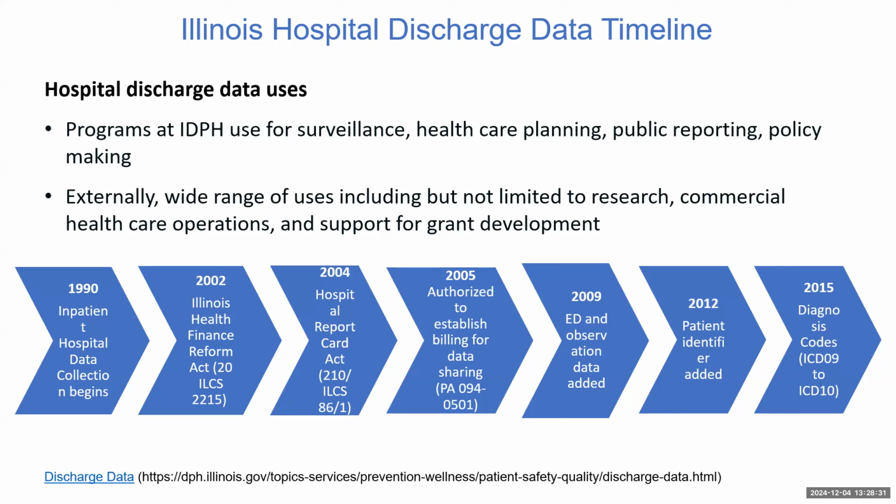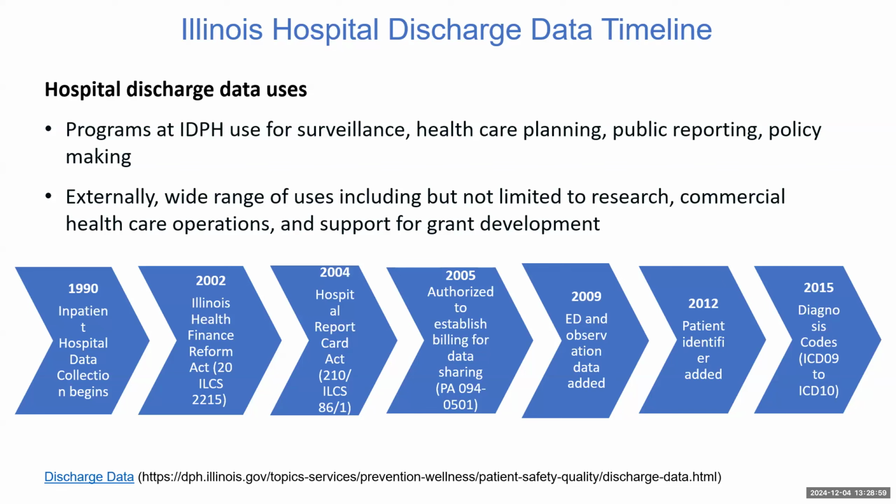Not that you want that data right now. Then in 2009, ED and observational data was added. Note these dates because when you request the data, these are pivotal change points in regards to what you should be asking for.